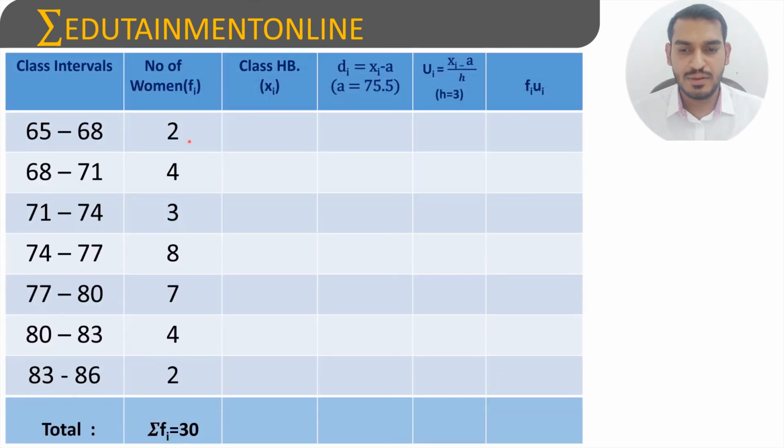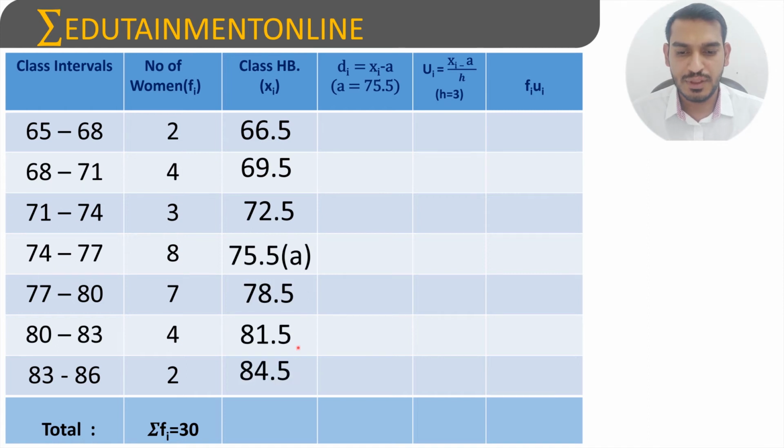Now we have fi directly given, which is the number of women, and we have found xi as the average, 65 plus 68 by 2 and so on. And the assumed mean we are considering as 75.5, which is the middle term of xi. So now here a is 75.5.